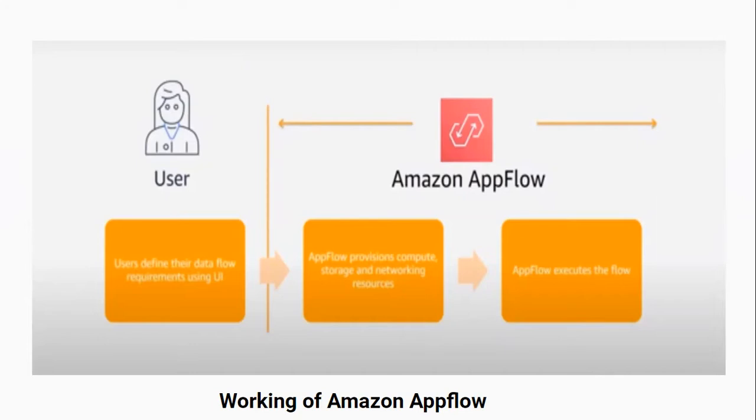Once we set up our flow requirements, we specify how the flow will run, which data should move from which source to which destination. The AWS service will take care of the necessary storage and resources needed to execute the flow, and it will execute and orchestrate the data flow as per the requirements we have specified in this flow.